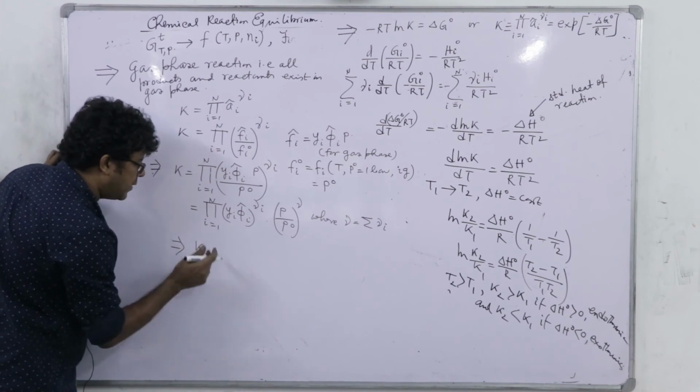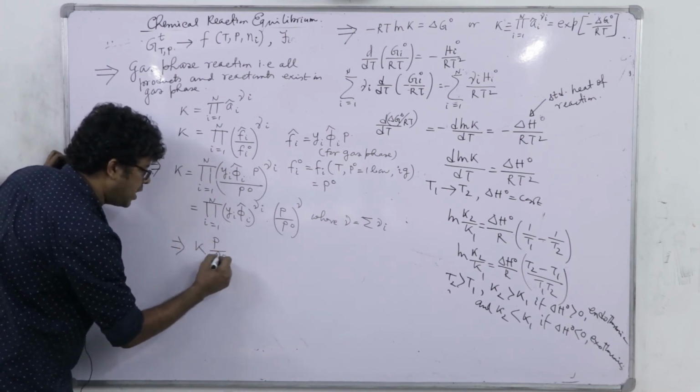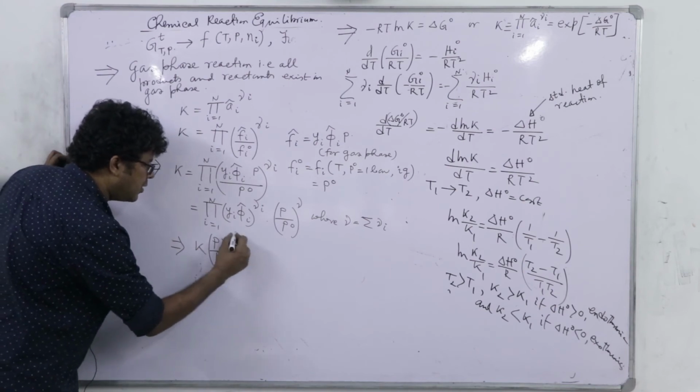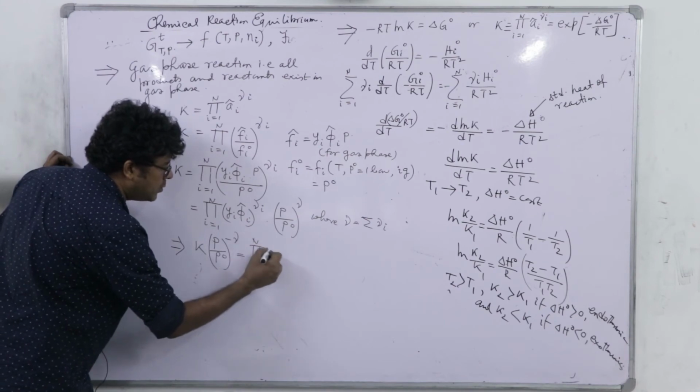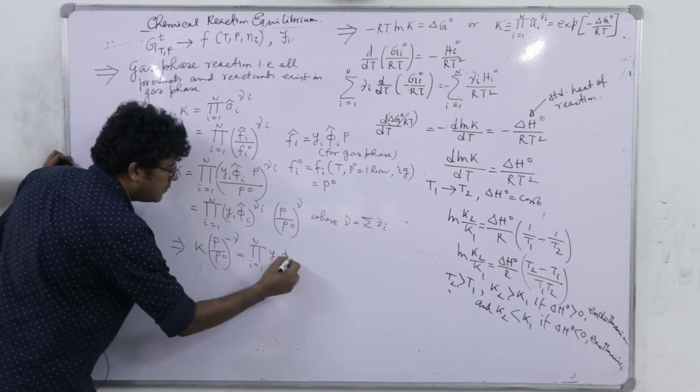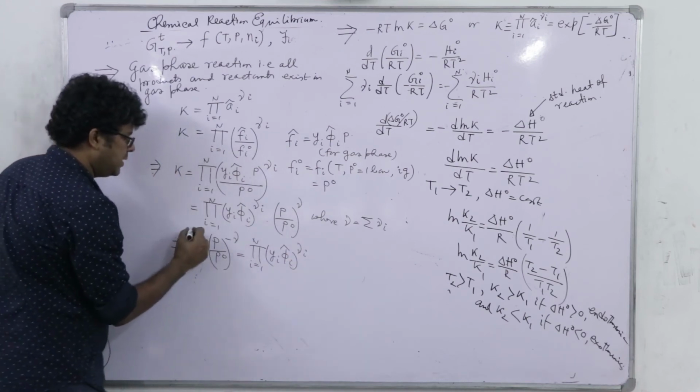If I shift this ratio to the left hand side, we have (P by P naught) to the power nu equals K over the product... that is, (P/P naught) to the power minus nu times K equals the product over i equal to 1 to n of (y_i phi_i cap) to the power nu_i. So that is the final equation.